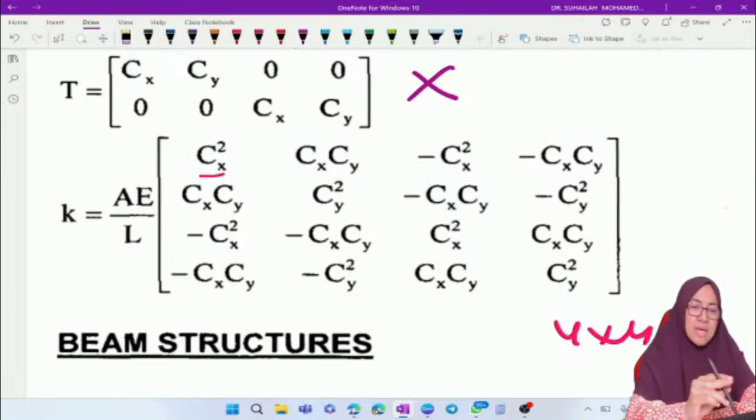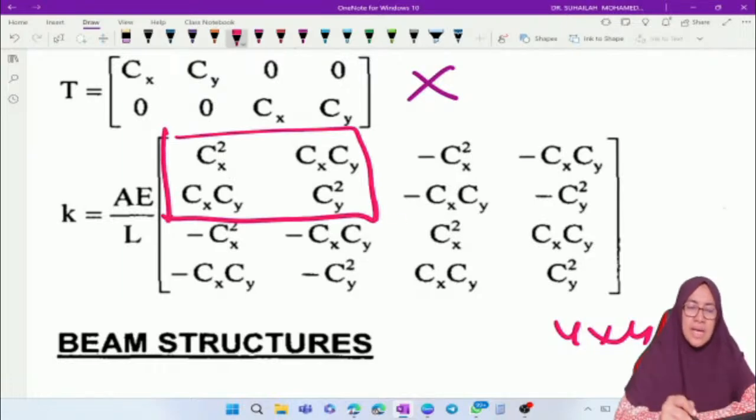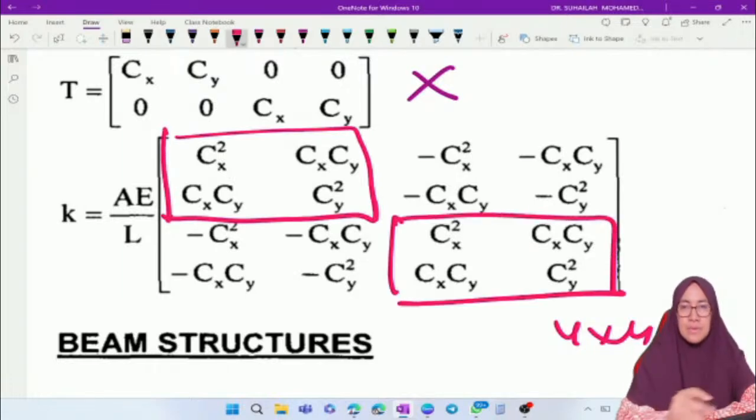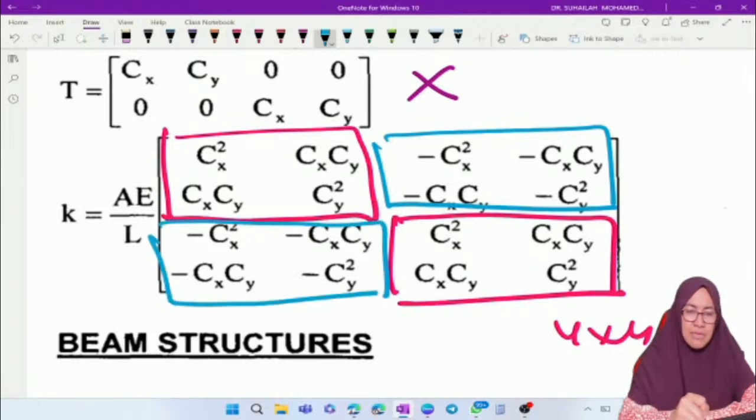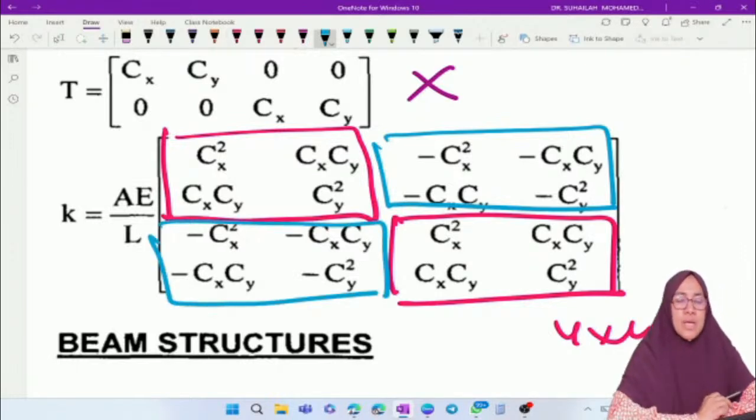And one thing is, this value is actually the same as this, and this value is also the same but with a negative sign.